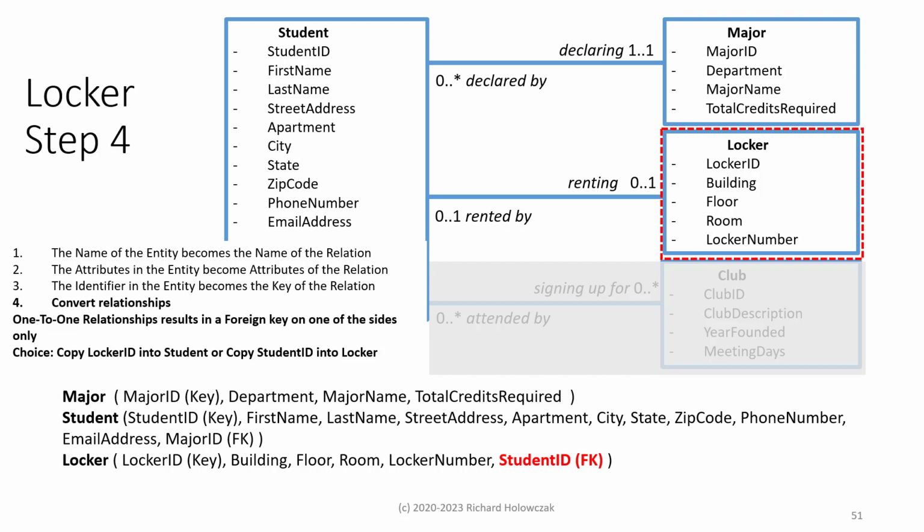And it's true, it does look a little bit like that. Typically, if not all students would have a locker, it makes more sense to put the student ID over in locker. If it were the other way around, we could probably move locker ID, but this is the logically slightly better way to do it.